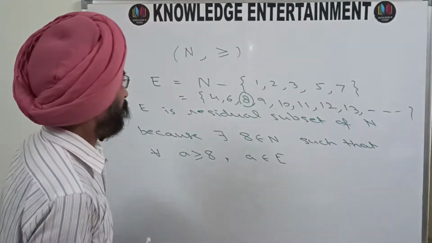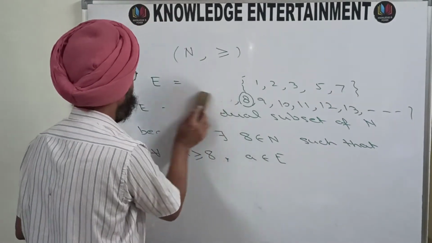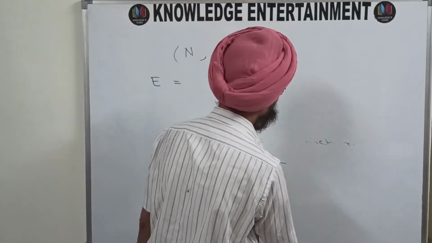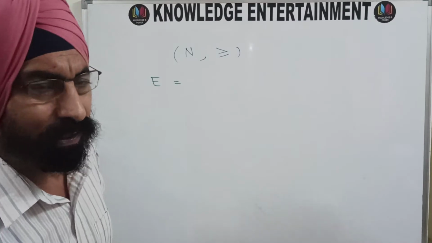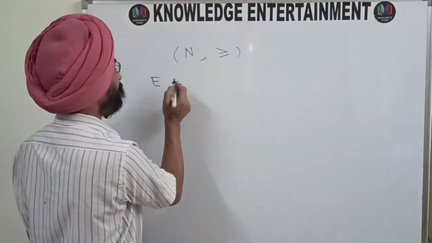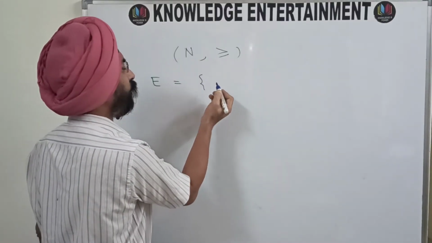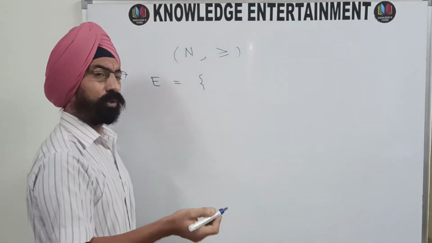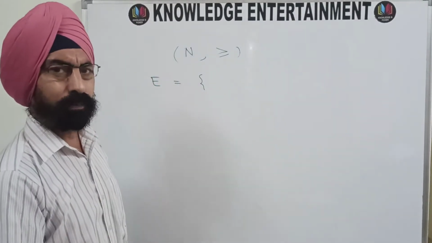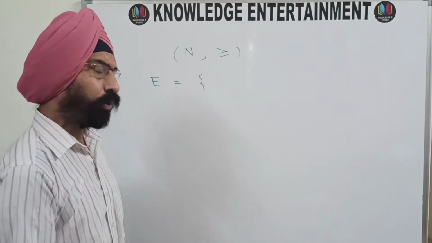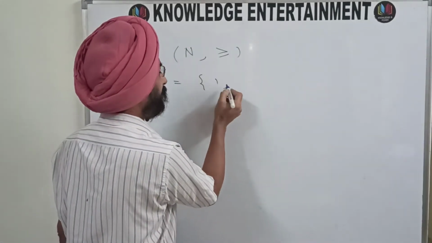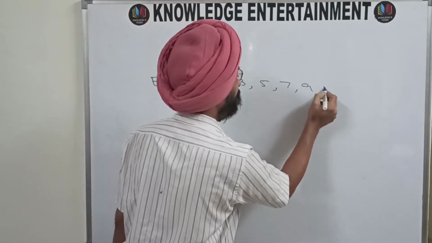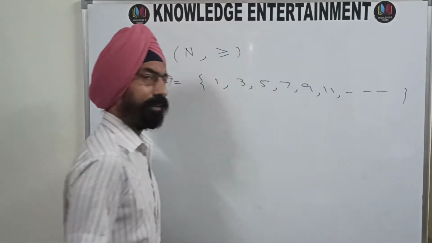Now let us have another subset of N to understand the concept of cofinal subset of a directed set. This time I am making E the set of all odd numbers; you could also take all even numbers, all prime numbers, or all composite numbers. I am taking all odd numbers 1, 3, 5, 7, 9, 11 and so on.